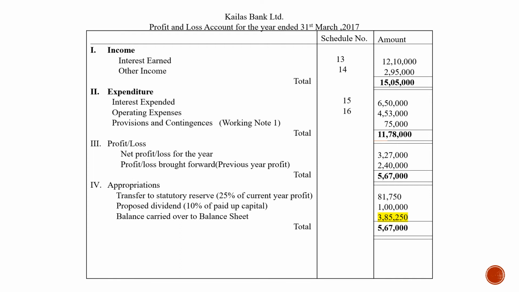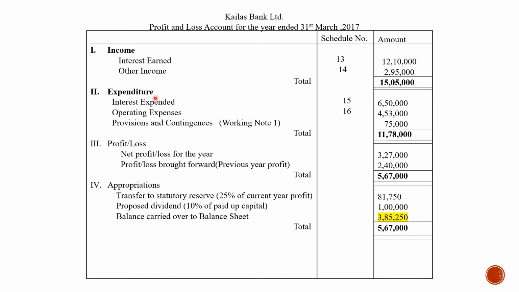Now we will come to the final format of your profit and loss account. You have four categories: income, expenditure, profit or loss, and then the final part, the appropriations. In the income part, you have two schedules, interest earned as well as other income, where you record the actual values and then total them.